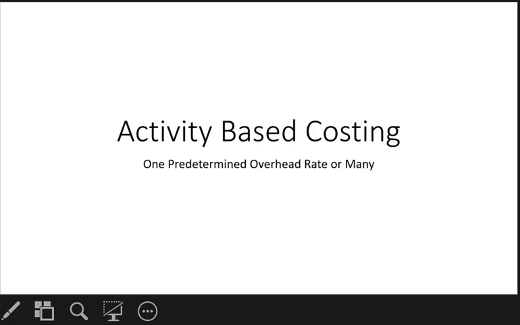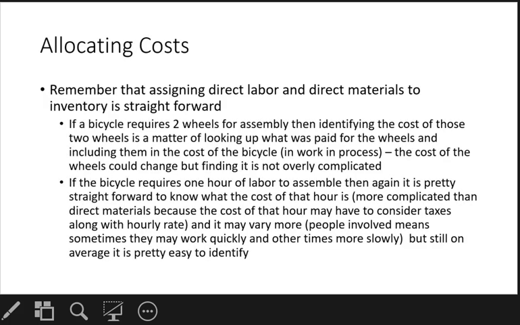So let's jump in with a little review of what we've already learned in previous classes. First of all, direct labor and direct materials, assigning that to inventory and tracking the increase through work in process. That has not changed, and it should remain fairly straightforward. The example of the bicycle requires 2 wheels for assembly.